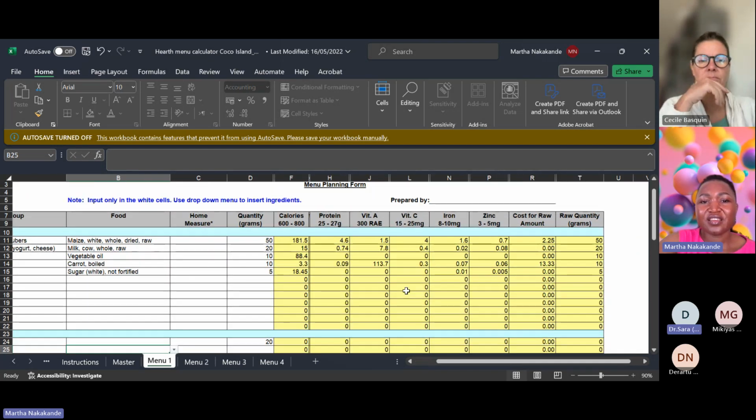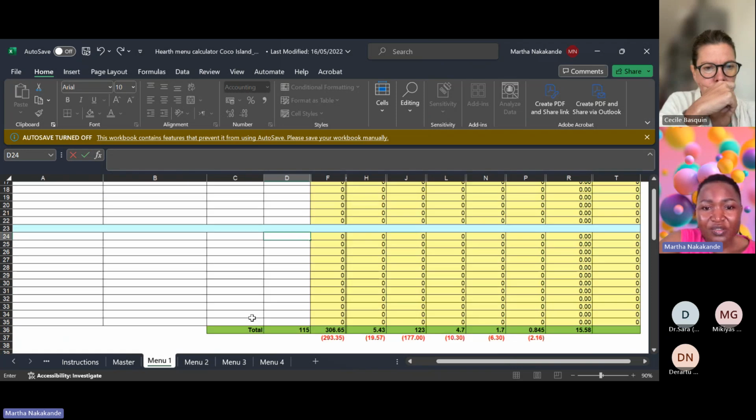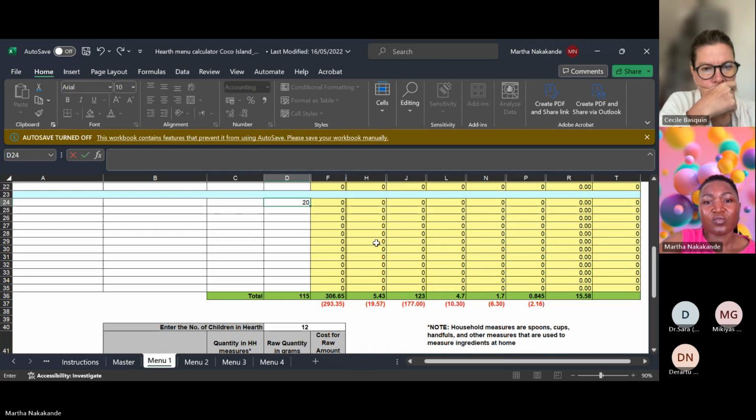If you look at this table, it has calculated for you: if you provide this much food to the child, then you come down, it is showing you the kilocalories you're going to get from this meal will be 306.